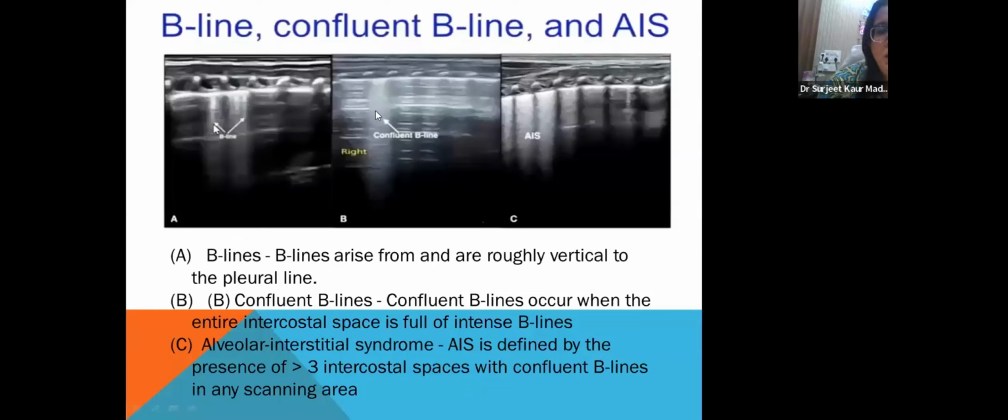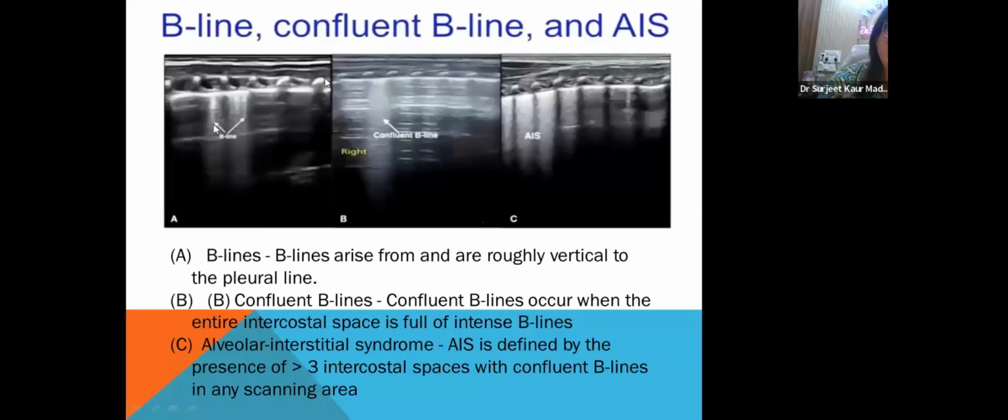When they coalesce with each other, they are called confluent B lines. When such a pattern of confluent B lines is seen in more than 3 intercostal spaces, like 1, 2, 3, and this is the 4th, here we can see confluent B lines in 4 intercostal spaces, then that is called the AIS pattern, alveolar interstitial syndrome pattern.